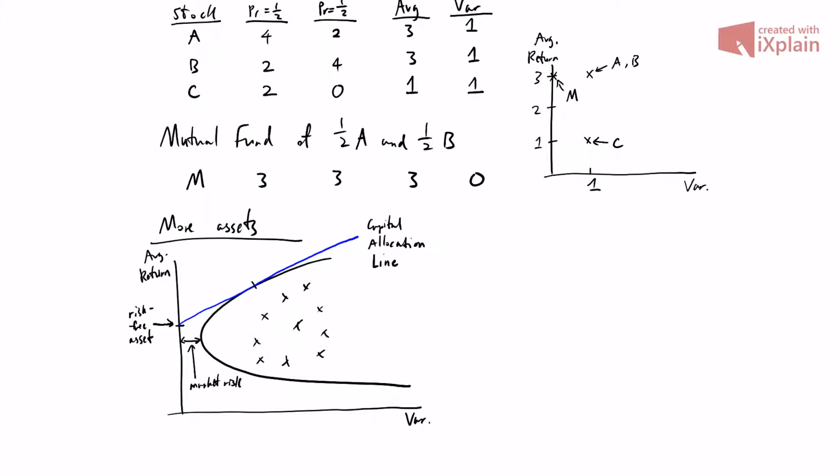If I want a higher return, I can borrow money, buy more stocks. And if I am risk averse, I can buy less of the market stock, save part of my money into the bank, and earn a risk-free rate. So the point here in the middle is the market portfolio.